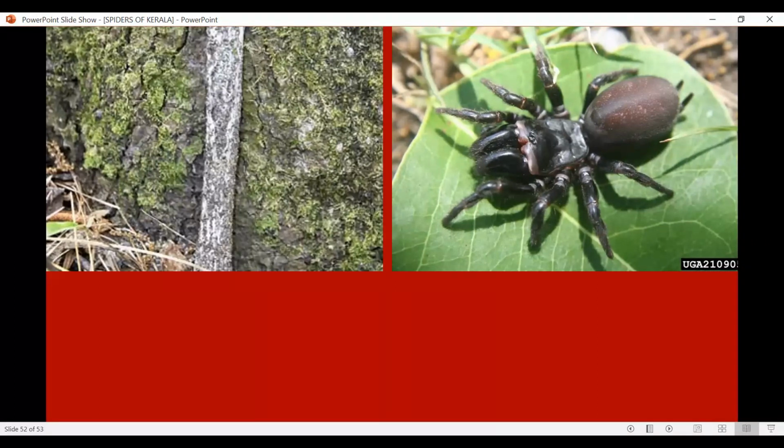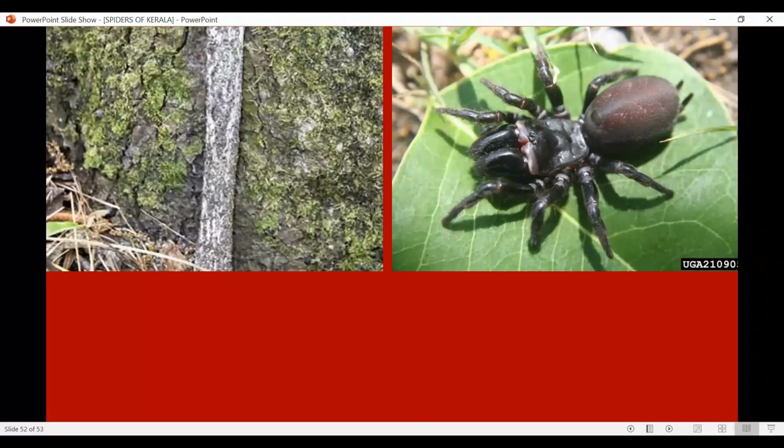They make a tube-like web, and they lie inside this tube. When some insects come and walk on this tube, they sting it from inside the tube, capture it, and take the prey into the web and feed on it.